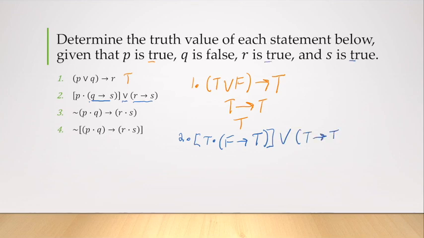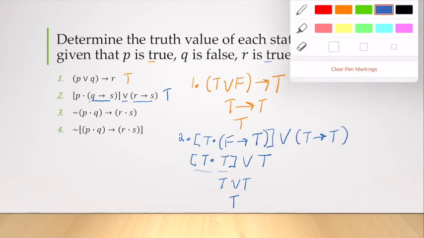So we need to simplify this. First thing I'm going to do is this implication in parentheses. False implies true. That is true. Or true implies true. That's also true. True and true inside these brackets here is going to give me a true. So I have true or true, which would be true. So 2 also has a truth value of true.